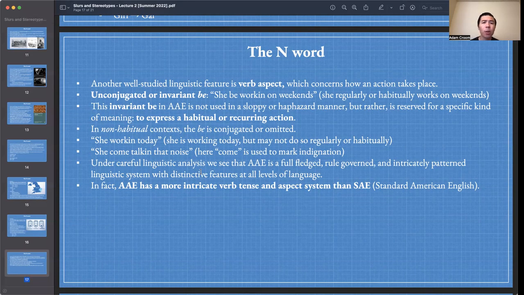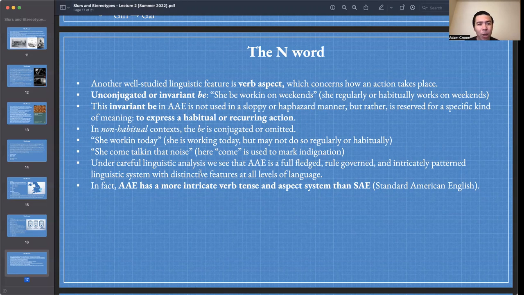Okay, so again, this unconjugated or invariant be in African American English is not used in a sloppy or haphazard manner, but rather is reserved for a specific kind of meaning to express a habitual or recurring action. Okay. In non-habitual contexts, the be is conjugated or omitted.